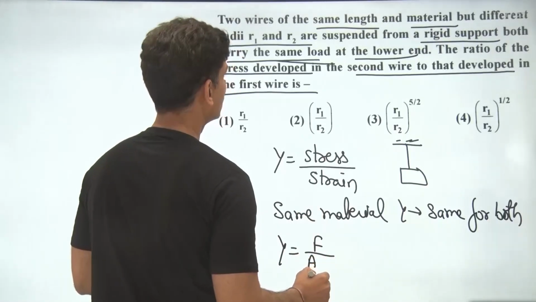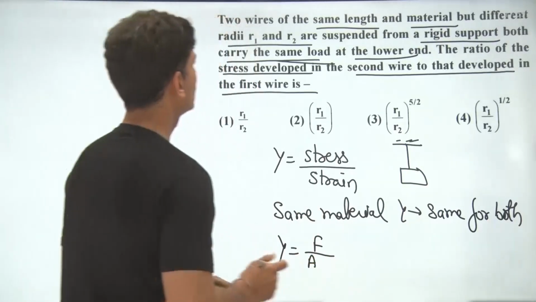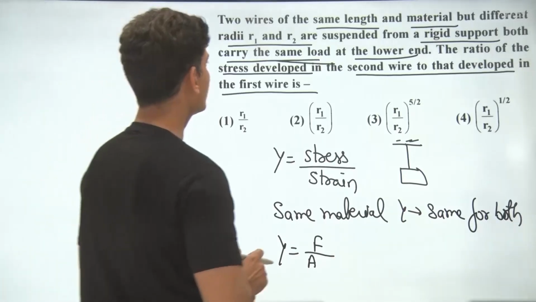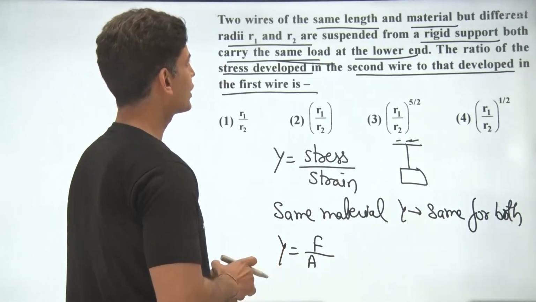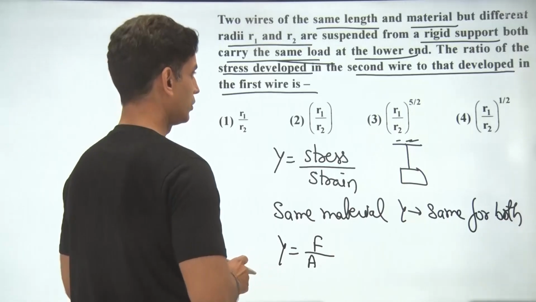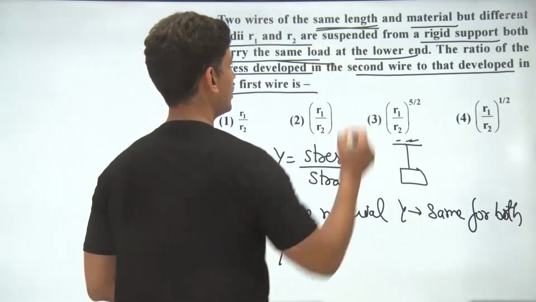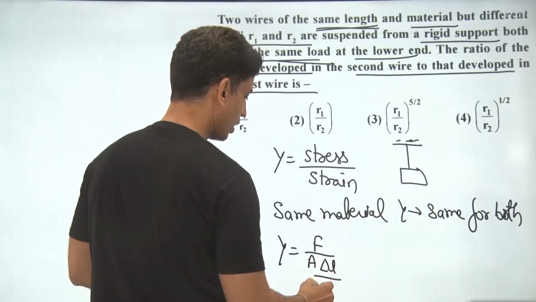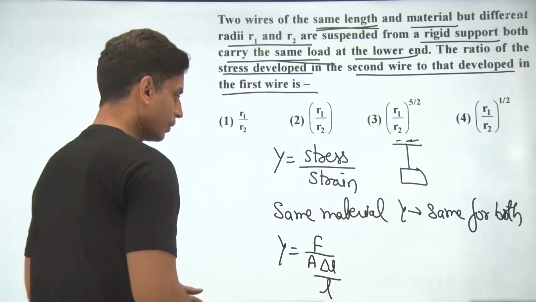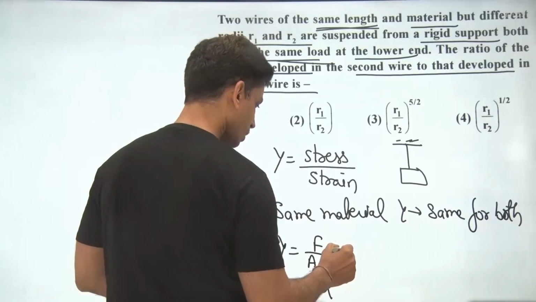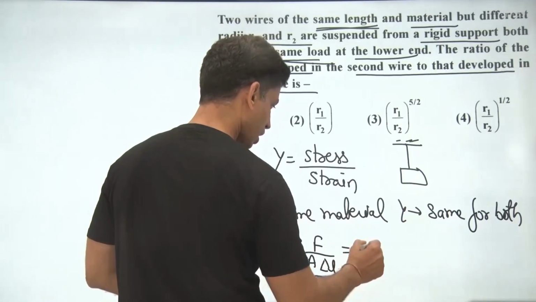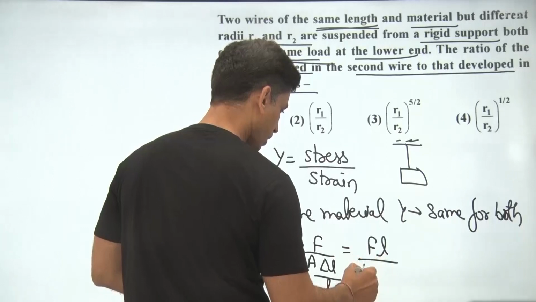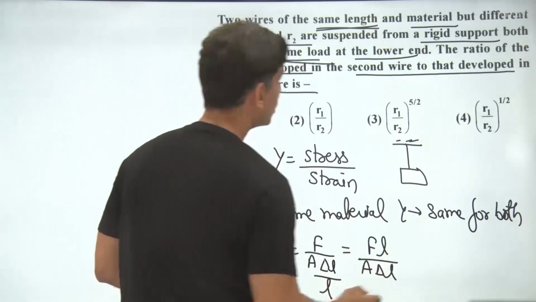The question is asking about the ratio of the stress, but nothing has been said about the strain. They have the same initial length, so strain is delta L by L. So it is FL by A into delta L.